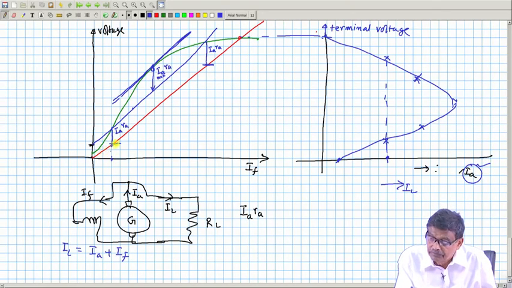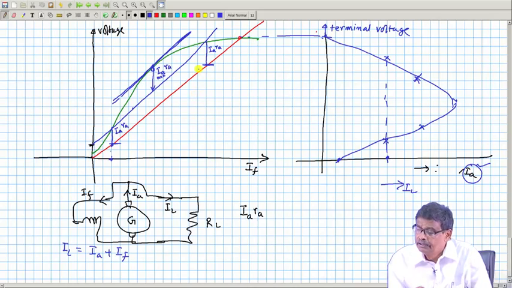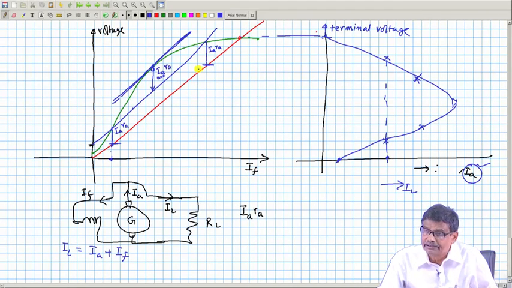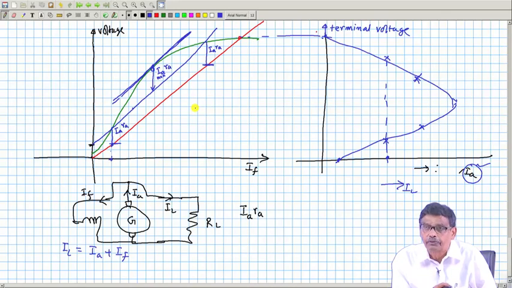This current, from the RF line you read that. So, field current will be known. Therefore, I will be able to tell what the value of IL is then, because IL equals IA plus IF. Similarly, for this point. Therefore, I can always map this IA into IL, provided I also add IF, I read IF from the corresponding points.